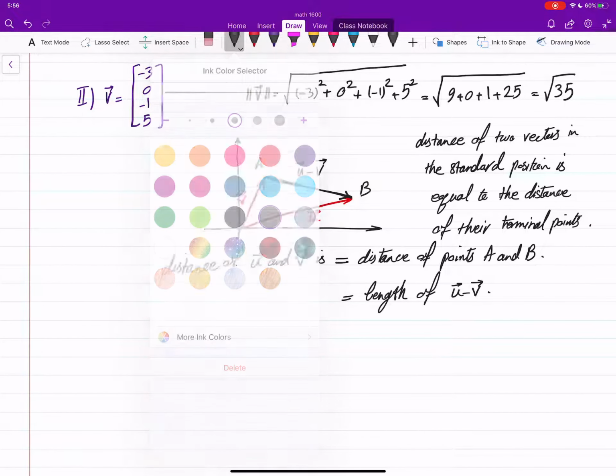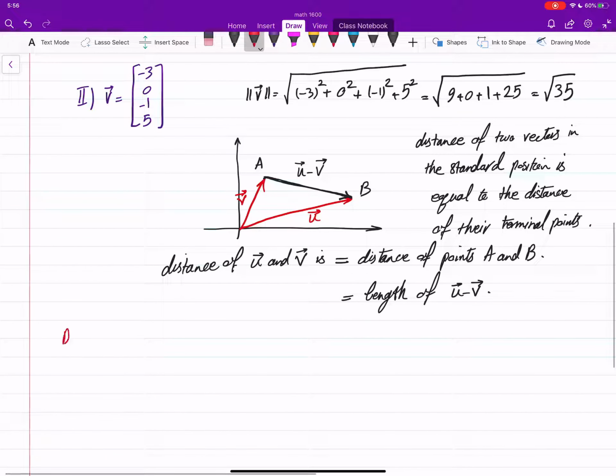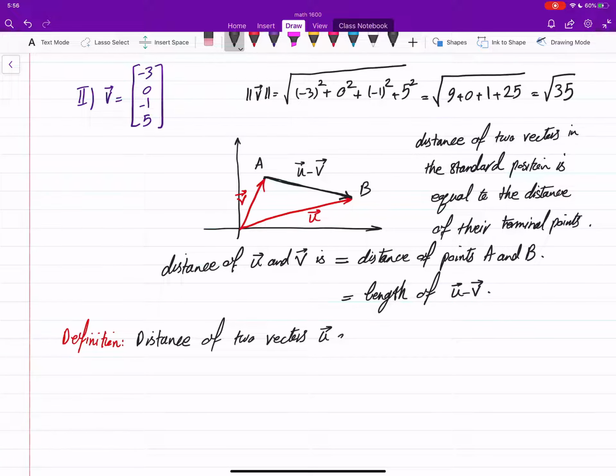So, definition: the distance of two vectors u and v in Rn. Well, how do we denote it?